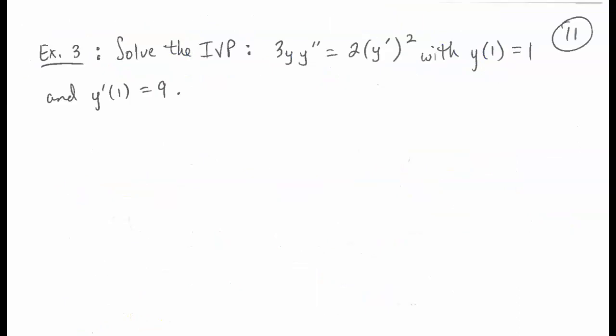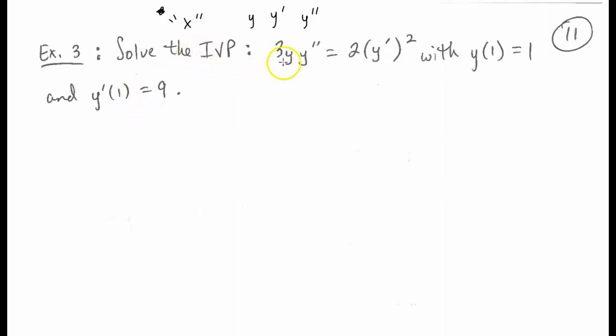All right, so this time let's look at an example where we actually have an initial value problem. So again, if you notice here, we have terms that have y, y prime, y double prime. But what we don't see is terms with x explicitly stated.